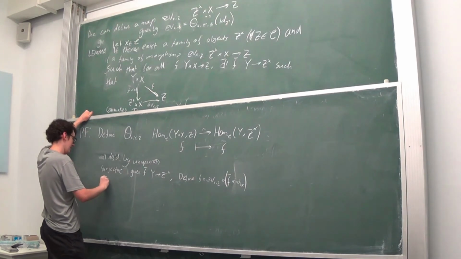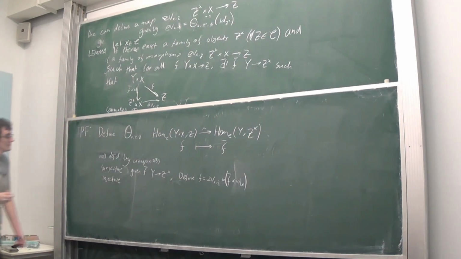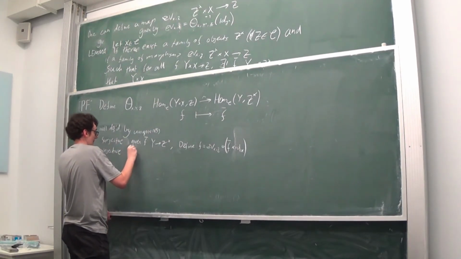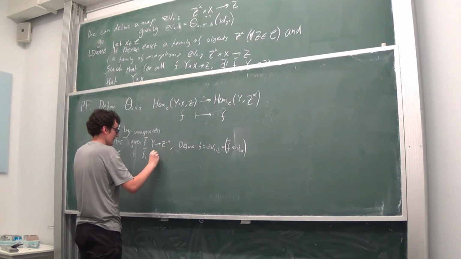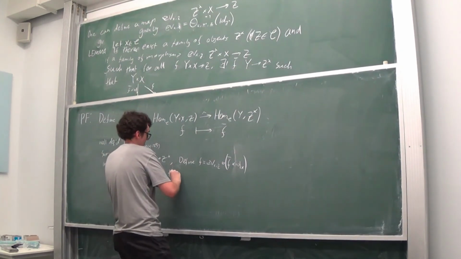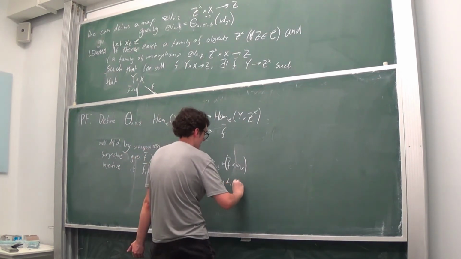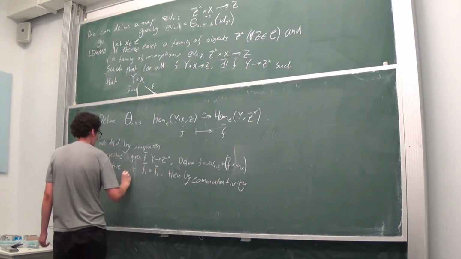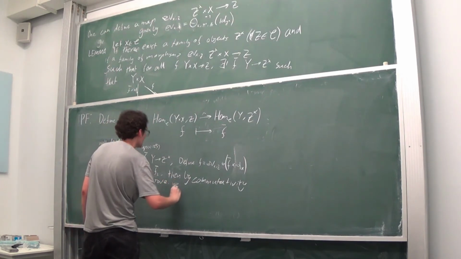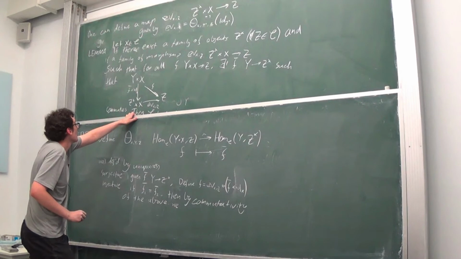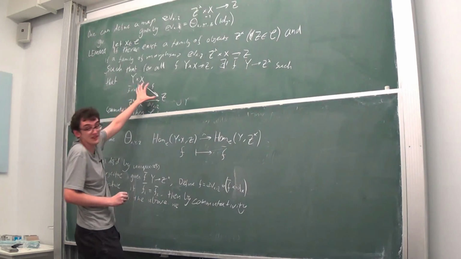And then, f1 bar is equal to f2 bar. Well, if f1 bar equals f2 bar, then by uniqueness you know that, since these two legs are the same, this leg must be the same.